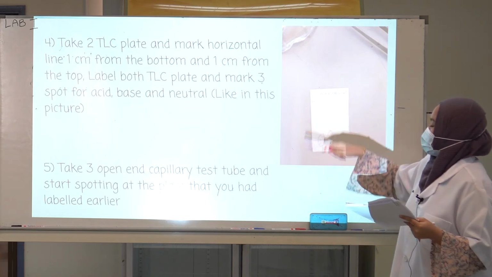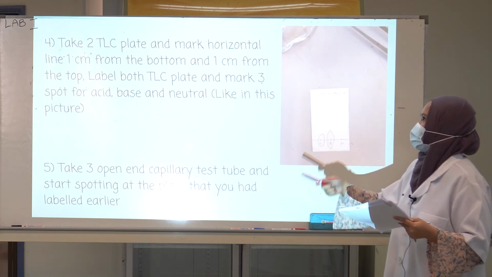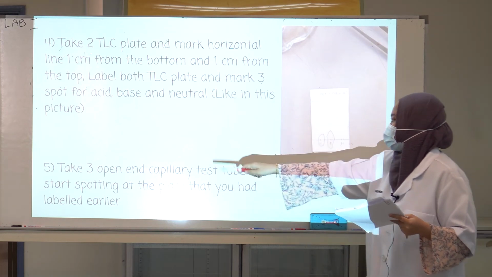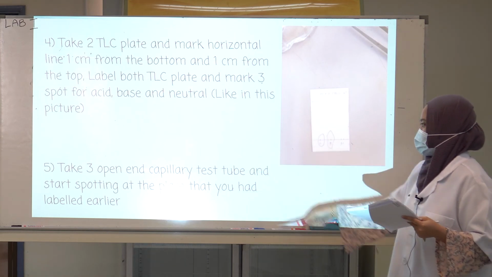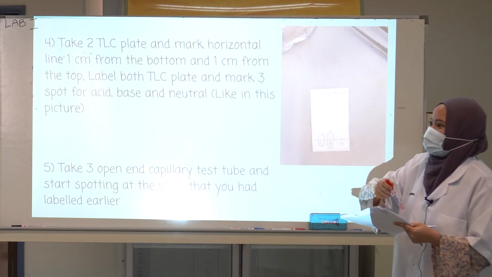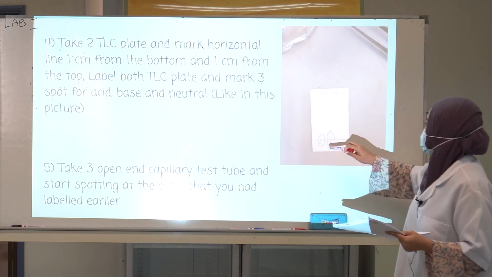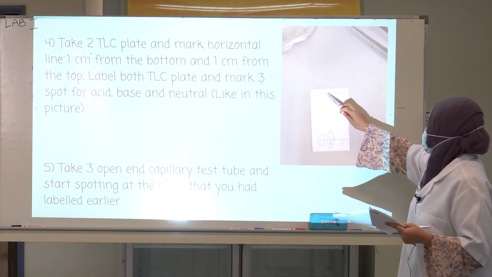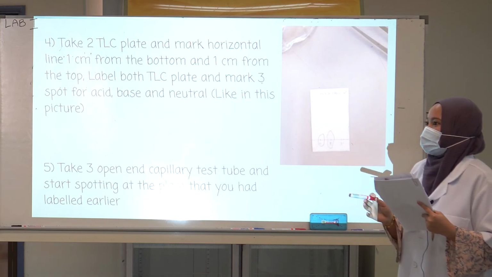So with those 3 solutions, we use the 3 open end capillary tubes, dip them into the 3 solutions that we had prepared earlier, and then spot on the marks that we made earlier. Okay. Next.